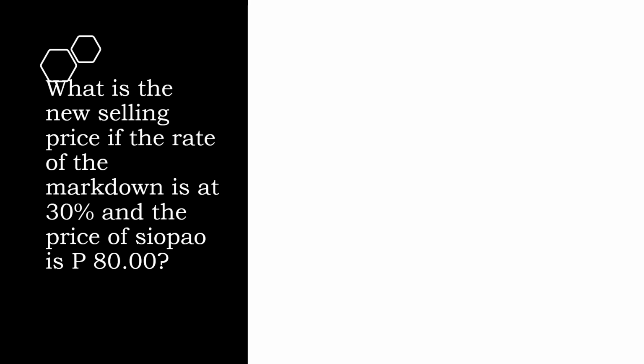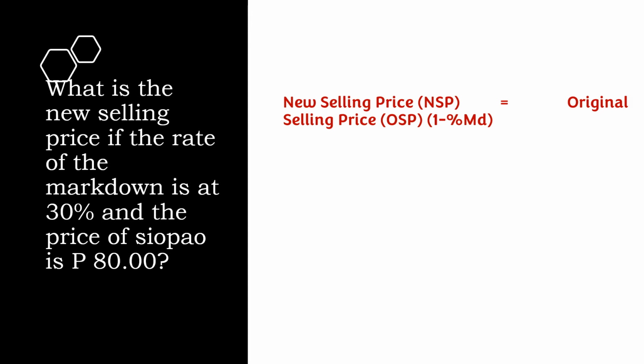Another scenario for markdown, what is the new selling price if the rate of the markdown is at 30% and the price of Shopao is 80 pesos? So the formula is new selling price is equal to original selling price multiplied to the difference of 1 minus rate of markdown.